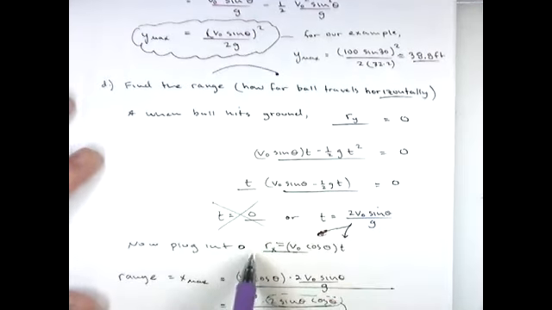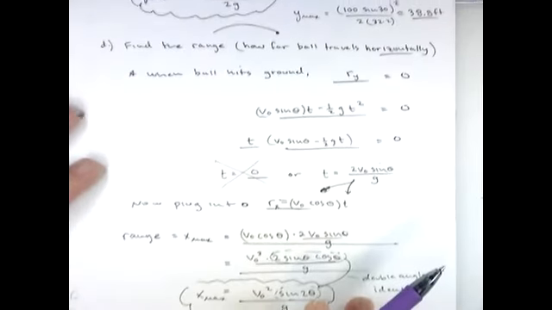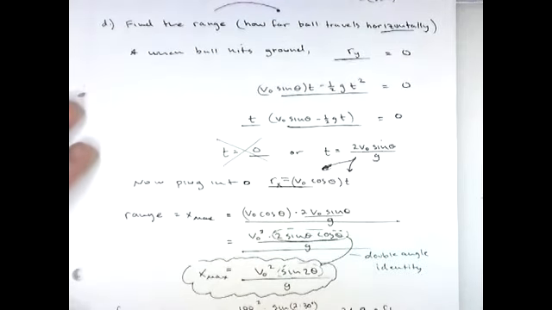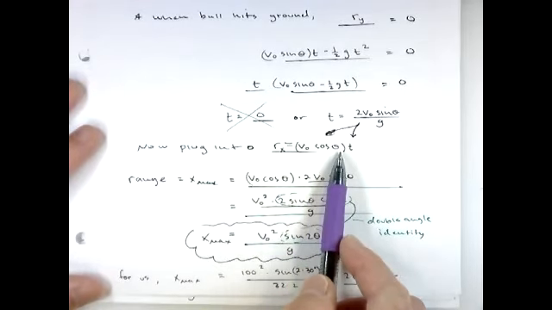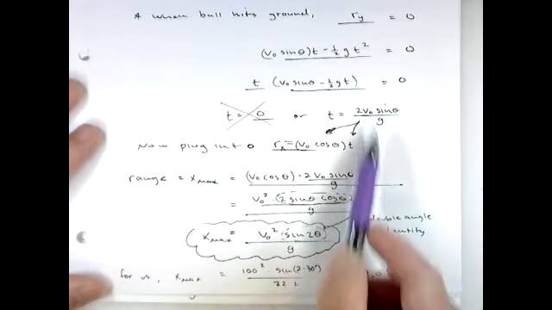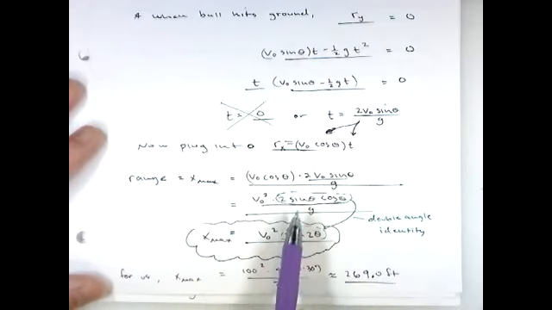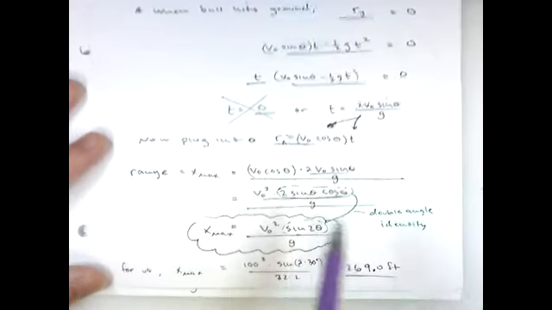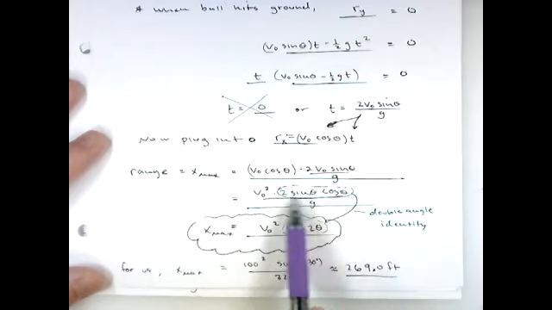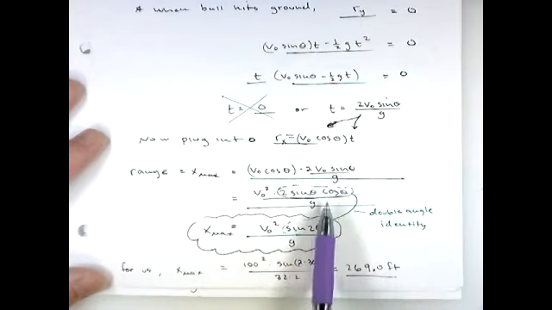Now, if you want to figure out how far that corresponds to, you would plug that into the x component of your position. V naught cosine theta times t. And if you plug this in for t, you end up getting v naught squared times 2 sine theta cosine theta divided by g. And it works out a little bit nicer if you recall that that's an identity. 2 sine theta cosine theta is actually equal to sine of 2 theta.